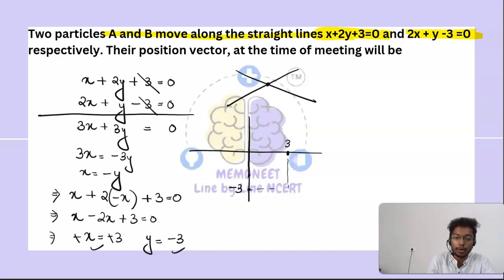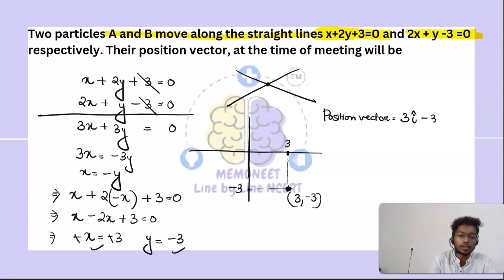At this point, 3 comma minus 3, they are intersecting. So we write the position vector, which will be equal to 3 i cap minus 3 j cap.